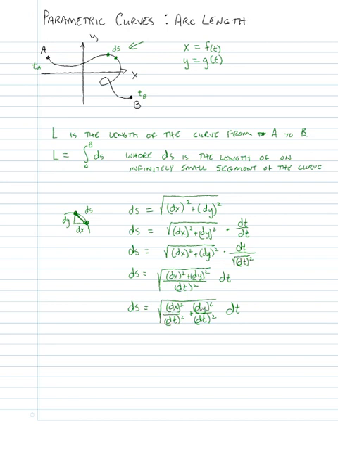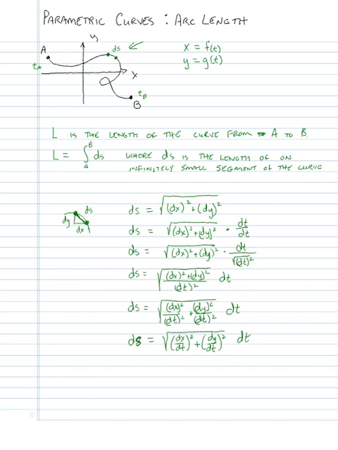Now, when I take one further look at that, I could write that first fraction as dx divided by dt, squared. And that second fraction I could write as dy divided by dt, squared. And of course the dt outside the radical. Whoops, I'm sure you caught my mistake there. That's ds.